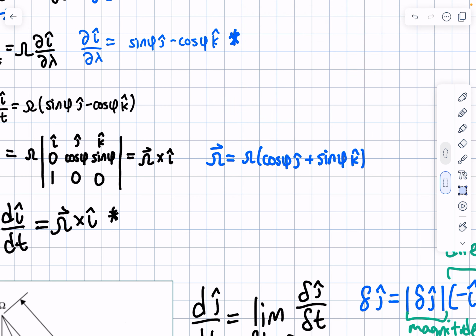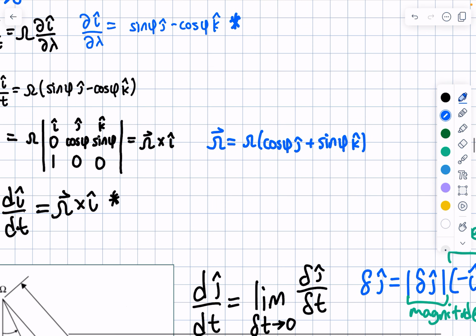So that was just showing how to go from this direction to this direction. But now I want to show how to get here, to show that this is indeed equivalent to this.